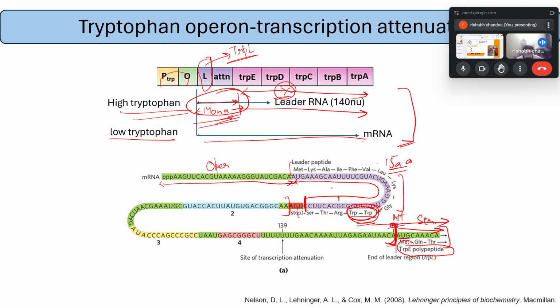So for now, as you can see, there are numbers written here. These numbers represent the sequences that can pair up.